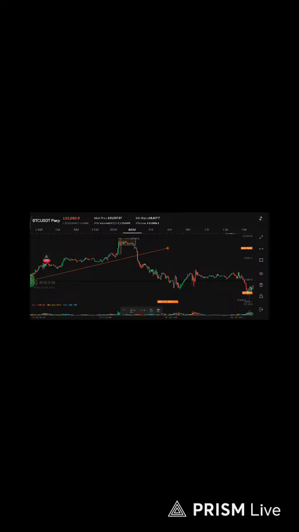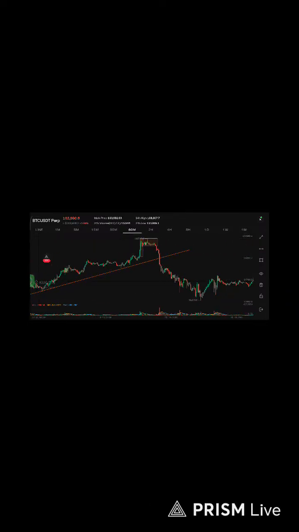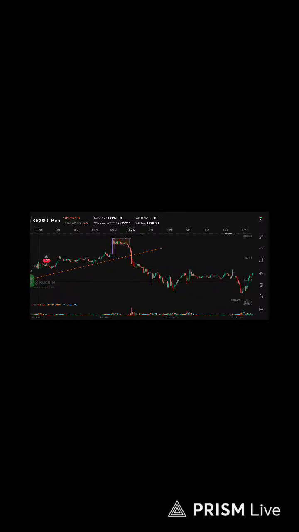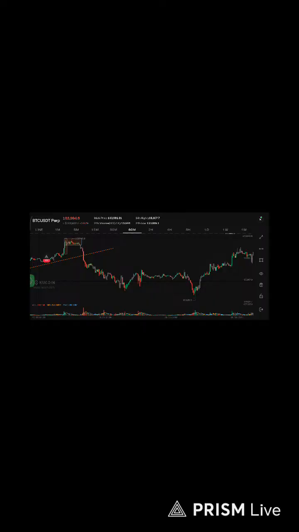Have you seen? This was my trend line. Guess what happened? It broke the trend line. After breaking the trend line, the market turned down from where, right?